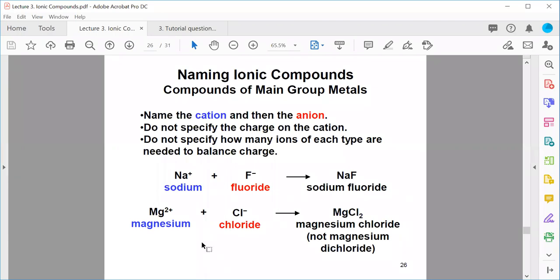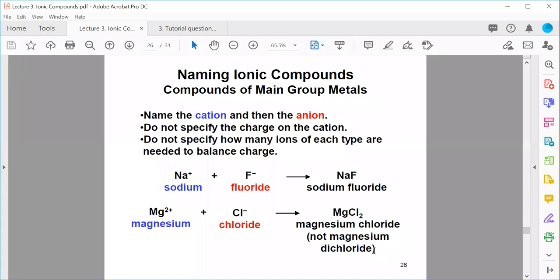That's straightforward. Here we have one magnesium and one chloride, but given that there's only a single negative here, that would not balance the 2+ of the magnesium. So in the actual ionic compound itself, we still have one magnesium, but we have two chlorides. So the name is still magnesium chloride.